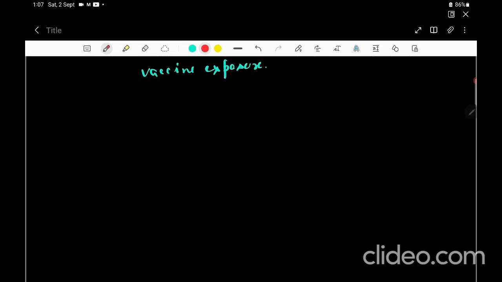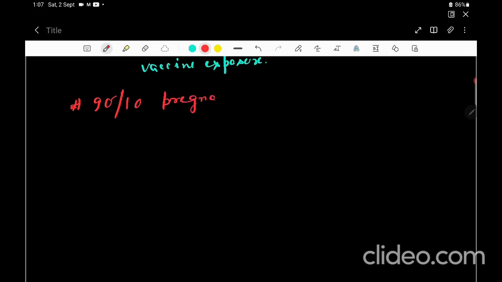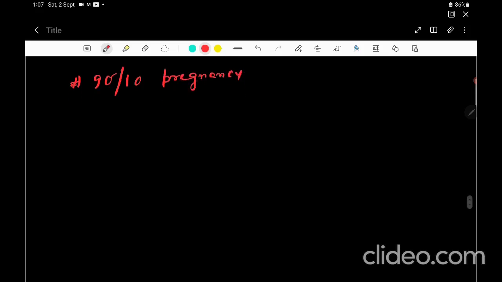Now let me come to something not clinically very significant, as you don't find such patients mostly, but there are cases. So let us discuss pregnancy. In pregnancy there is a rule called the 90-10 rule. In the 90-10 rule, you measure the HBeAg.